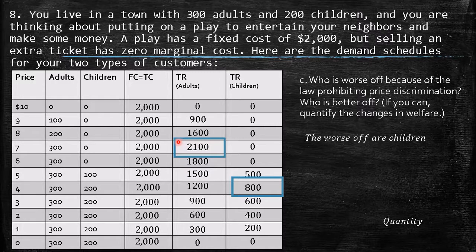No children will go there. So I can draw a kind of diagram to understand better and quantify the loss of consumer surplus on the children's side. We can draw something like that.